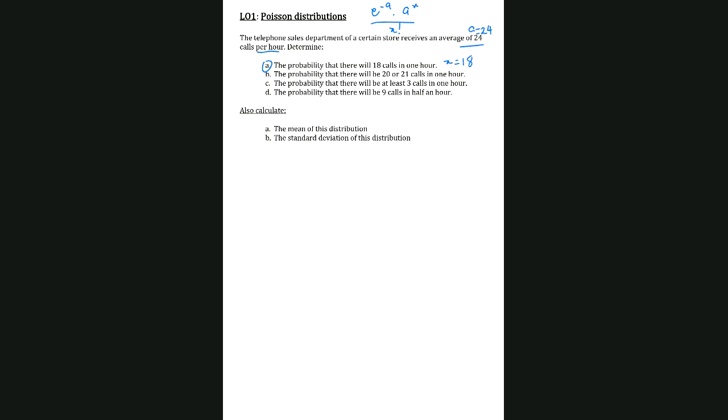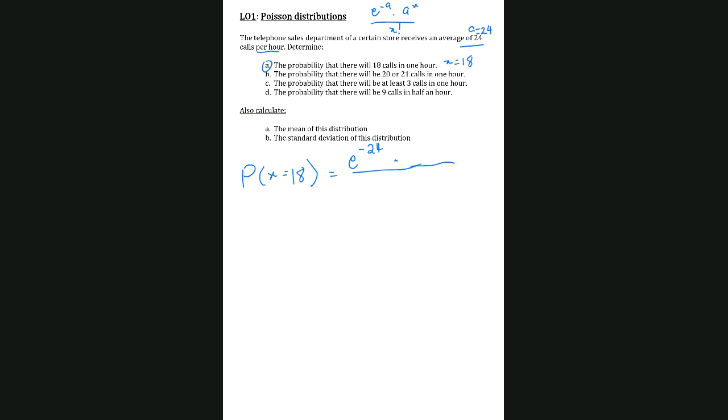So in your formula, and please remember to always state this, what you're calculating is the probability of x being equal to 18. So this then in the formula would be e to the power of minus 24 in this case. Remember, it's to the power of negative a.